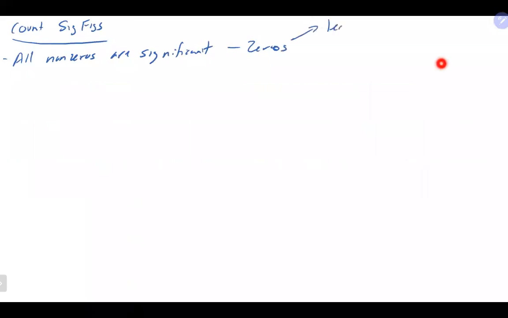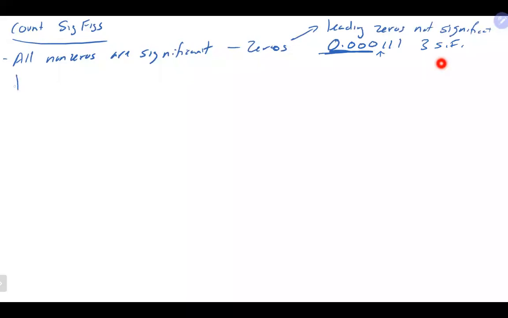There are leading zeros, which are not significant. And that would be something like this. All these zeros here are not significant. Remember, you do not start counting until you hit the very first non-zero number. So this guy would have 3 significant figures.